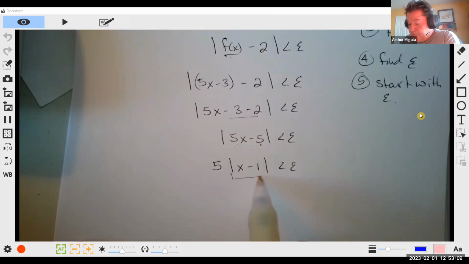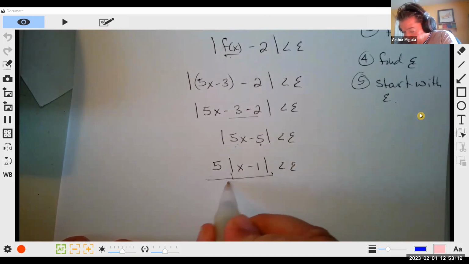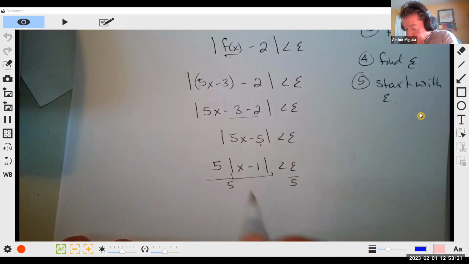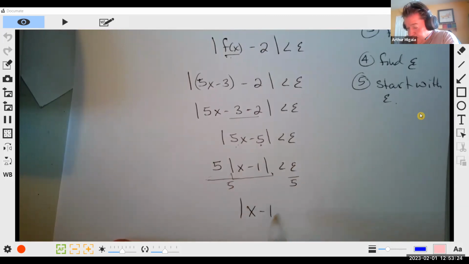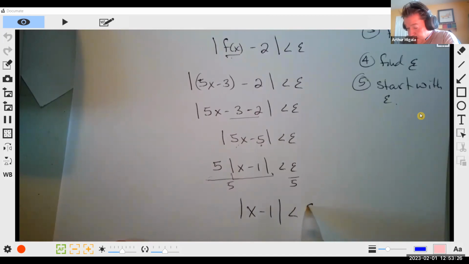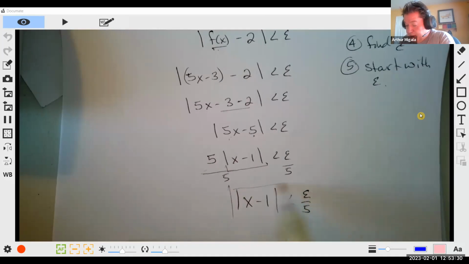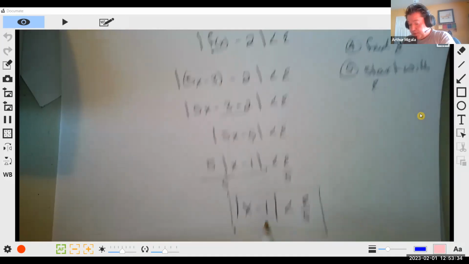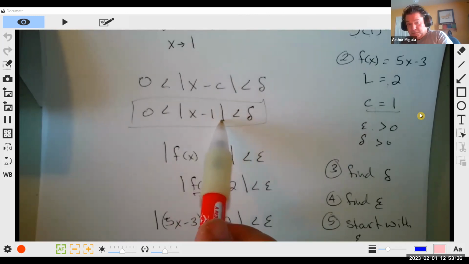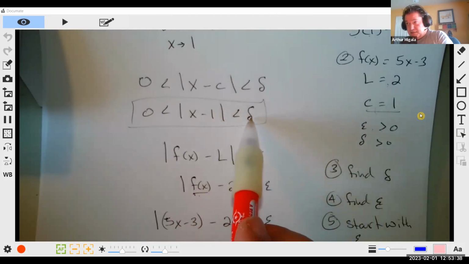We need to have this equation. We don't finish this until we get to that, because we divide both sides by 5. So absolute value of x minus 1 is less than epsilon over 5. Because now we have a connection: x minus 1 is what this is, and that's less than delta.